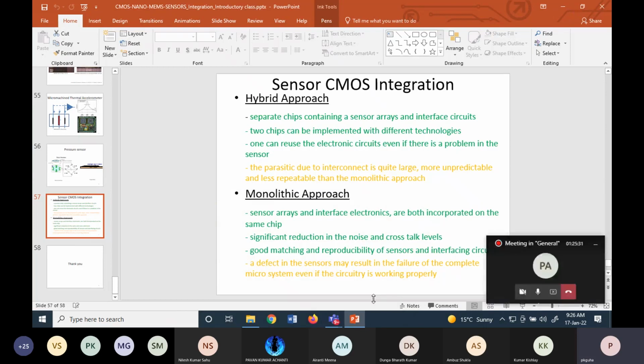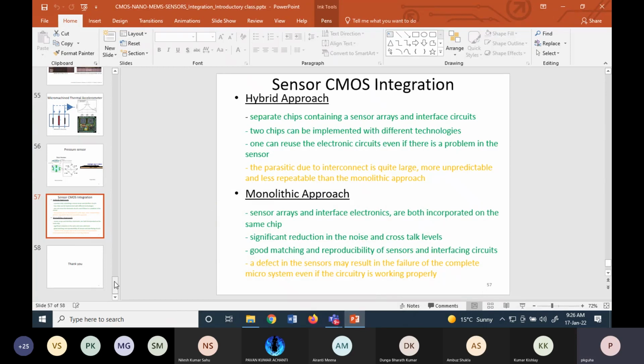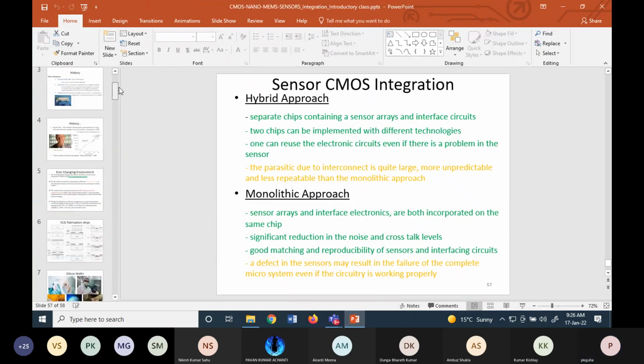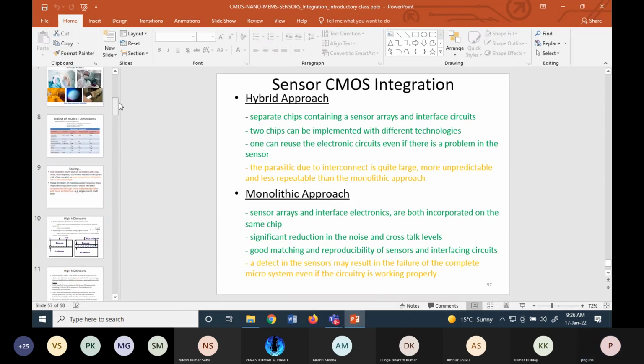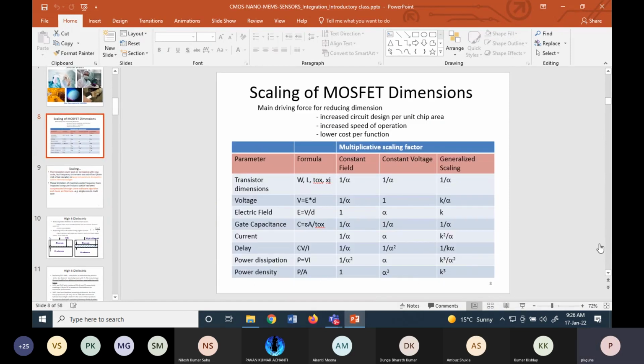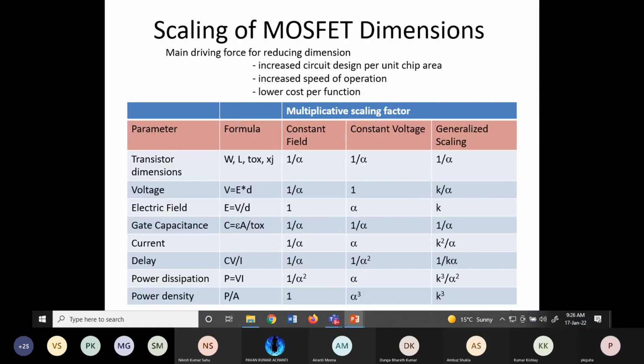So we did talk about scaling briefly. This was the slide where we talked about scaling.